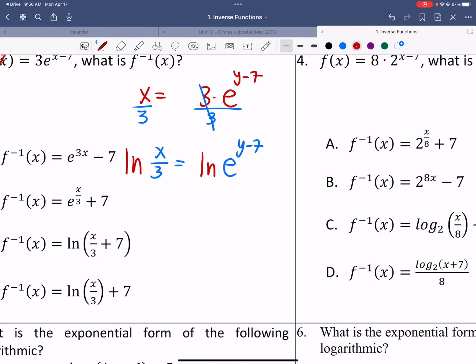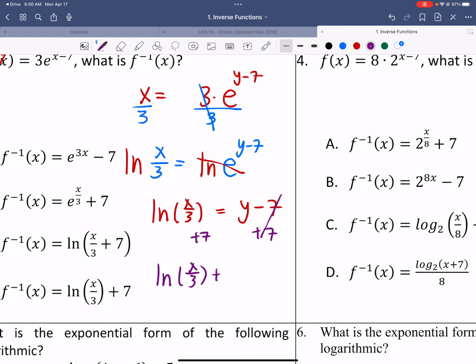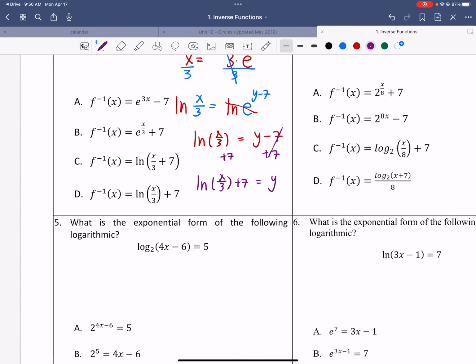Because natural log is the opposite of e. So it's the natural log of x over 3 is equal to y minus 7. And what you've got to do after this is pretty simple. Plus 7 on both sides. So you get natural log of x over 3, plus 7, is equal to y. That's it.